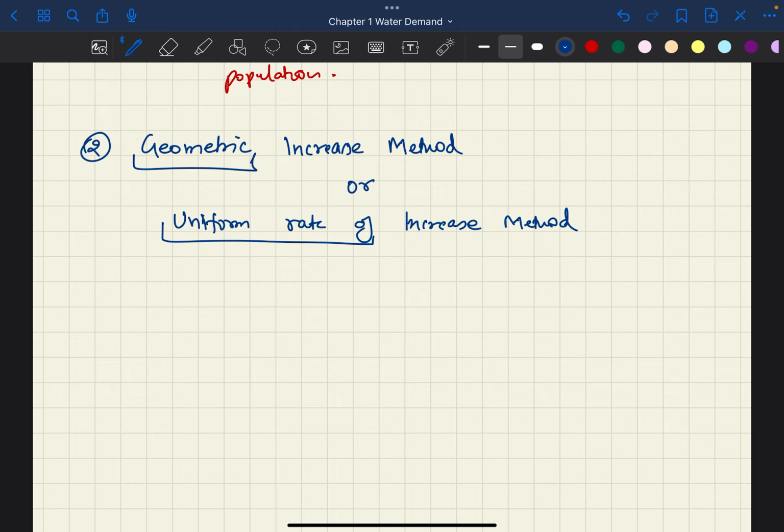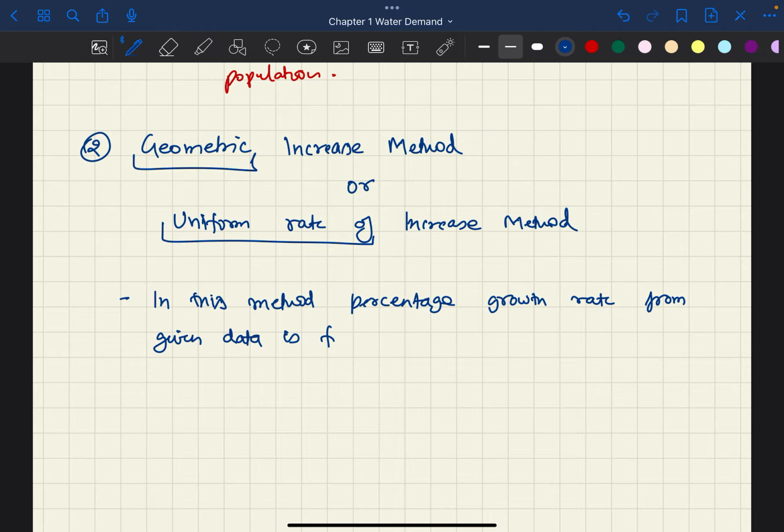So in this method, percentage growth rate from given data is found out.